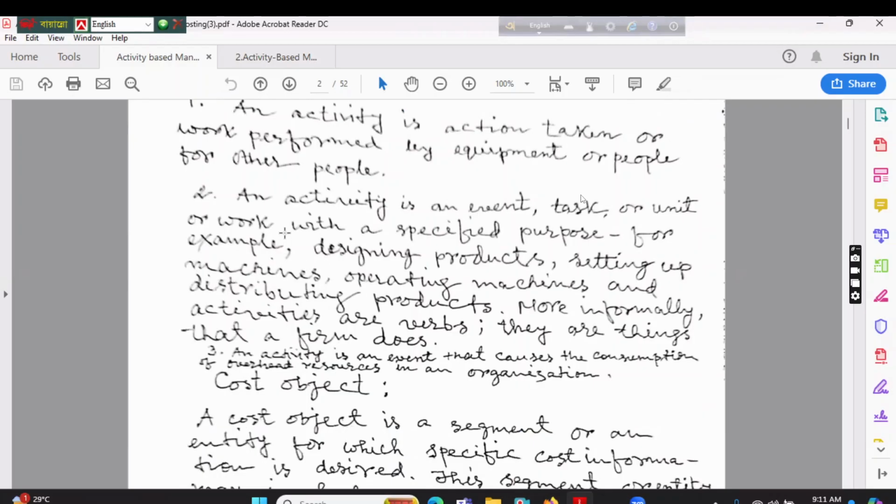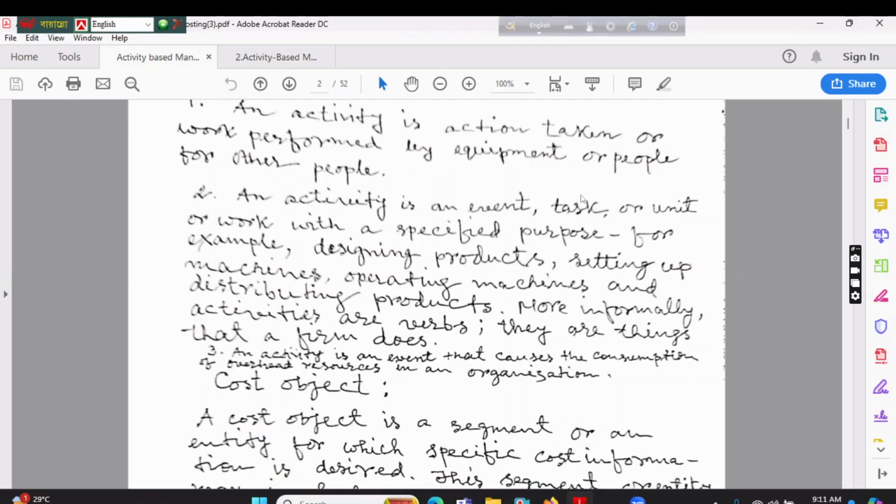Another definition from Horngren's Cost Accounting: an activity is an event, task, or unit of work with a specified purpose.